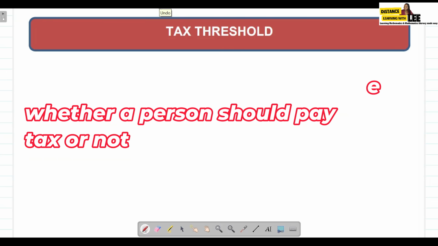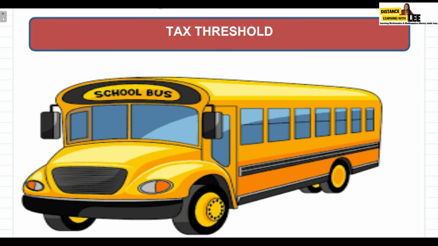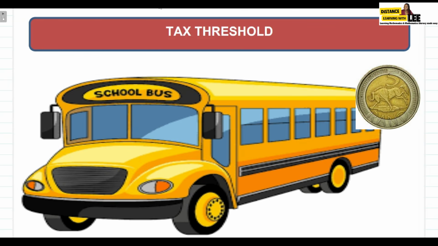Let me give you a practical example to help you understand the concept of tax threshold. Let's say you are told that for you to be able to get into the bus, you need to have 5 rand to go to your destination.